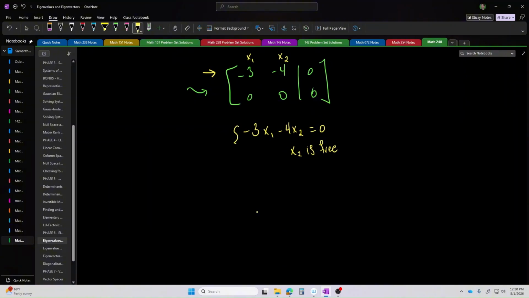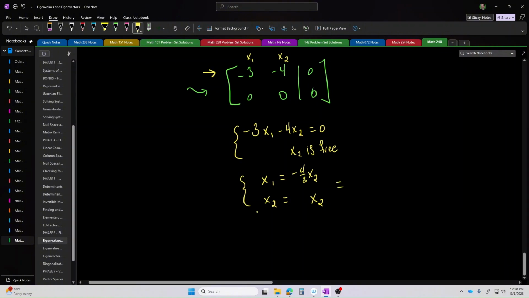As we've done before, we can rewrite these equations to express everything in terms of the free variable. For example, I can solve the first equation and rewrite it as x1 equals negative 4/3 x2, and I can rewrite x2 as just itself, x2 equals x2.